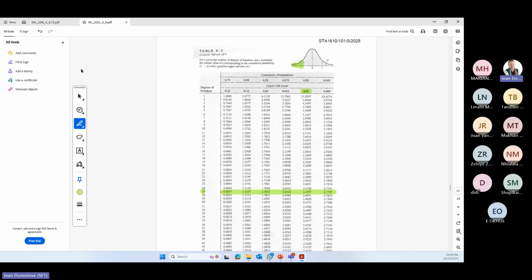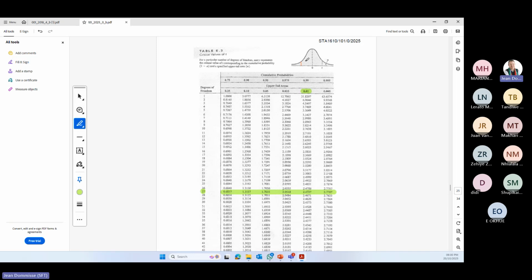Now what we need to look at is, like the Z, the 95% lies in between the two areas.